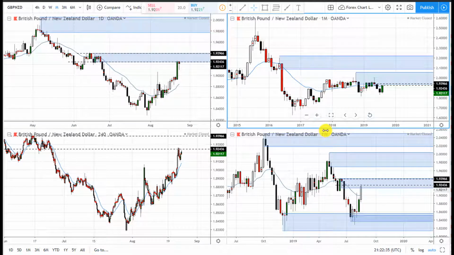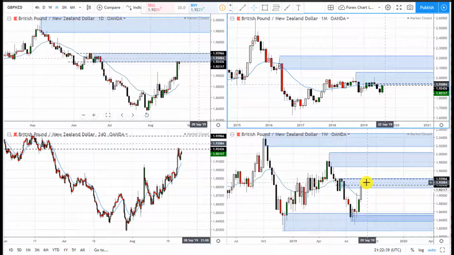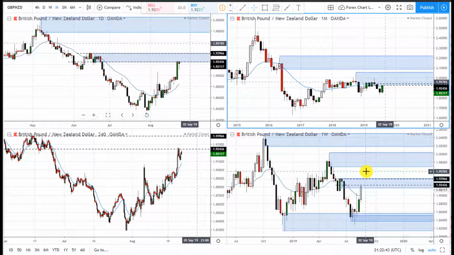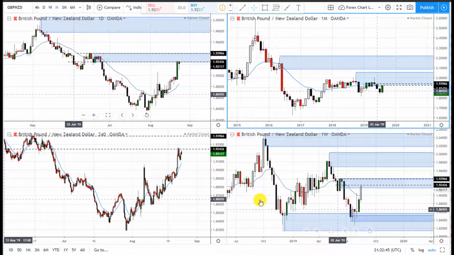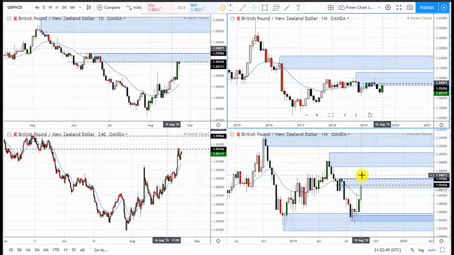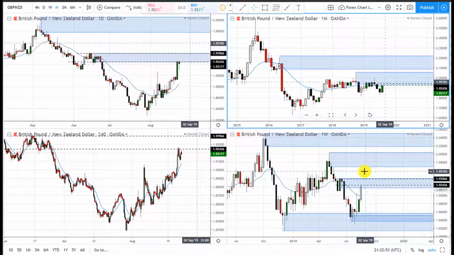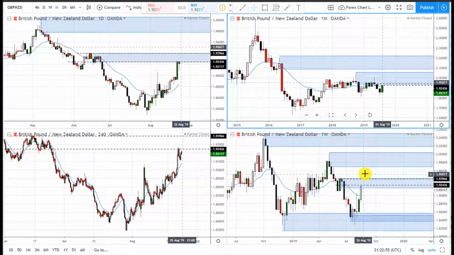If you're trading the weekly, daily, 4-hour, you want this weekly area of supply to be taken out with a candle closing above this, and wait for a retracement before you buy. You don't want to just wait for this candle to break, form this, and then just buy, because it could rally.